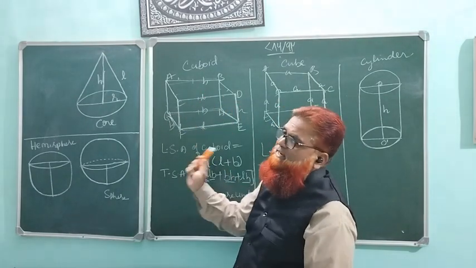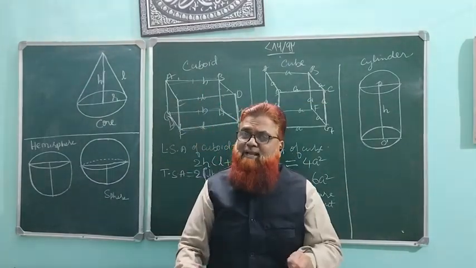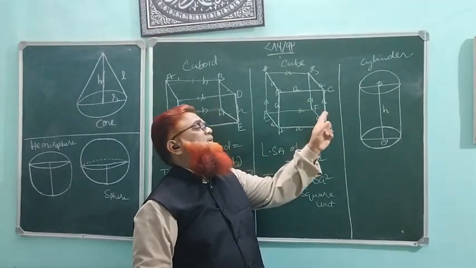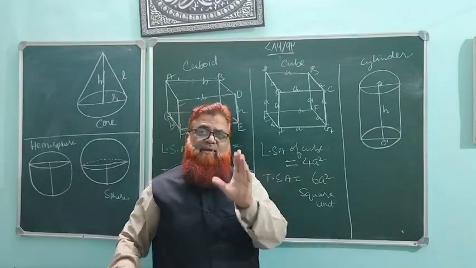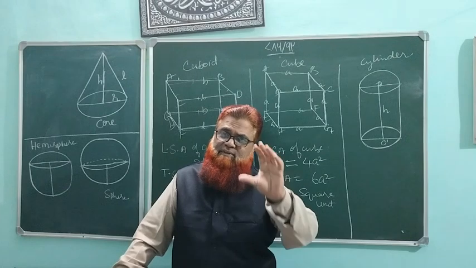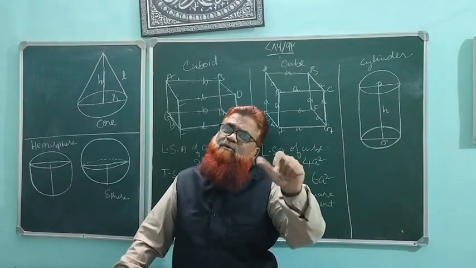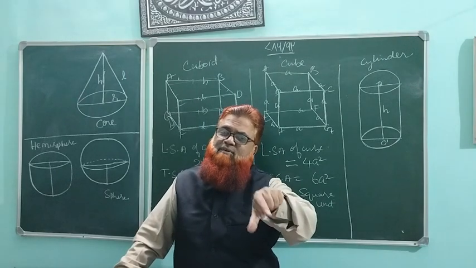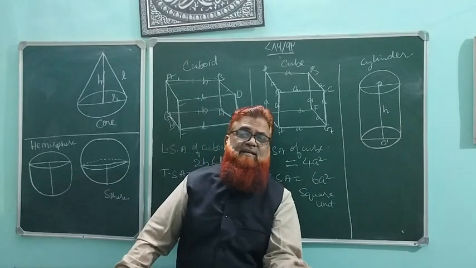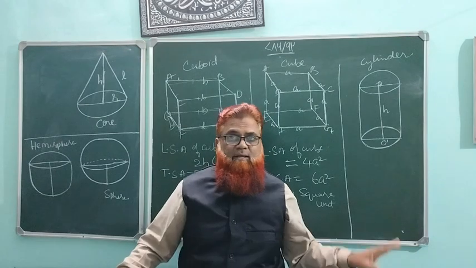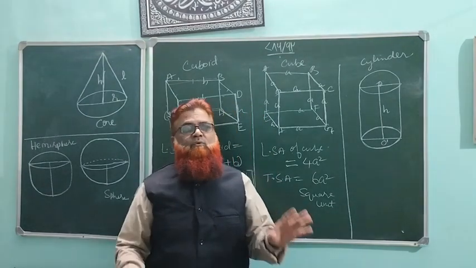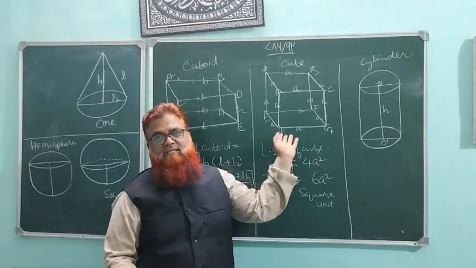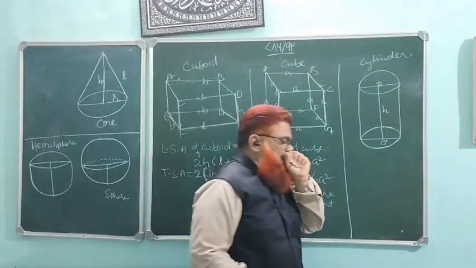Here each side is a rectangle in shape, there each side is a square in shape. A 6-sided figure in which each face is a square, we say it is a cube. If each face is a rectangle, we say it is a cuboid. Am I correct? So that is a cuboid.